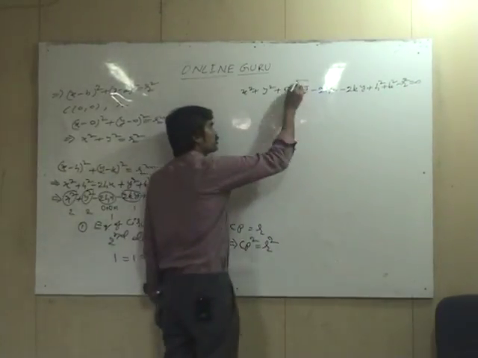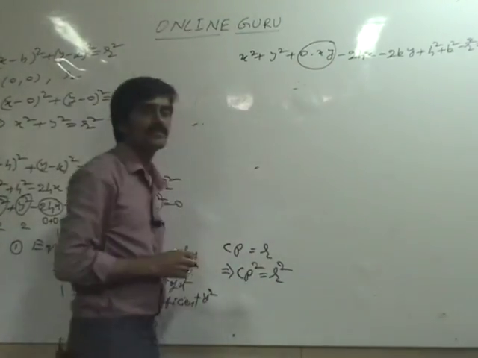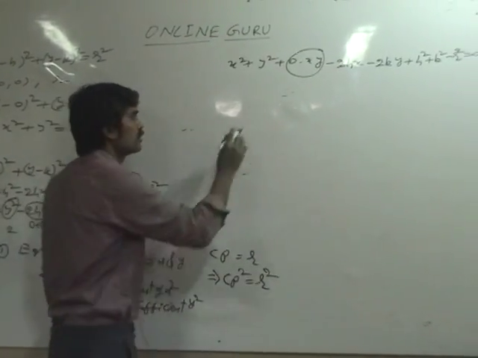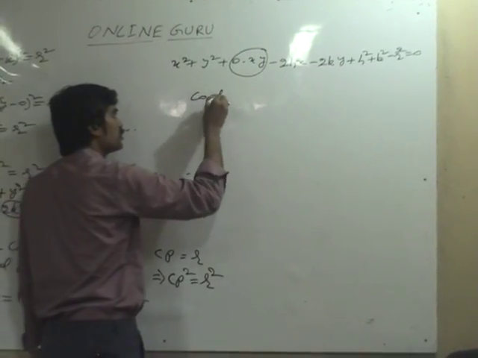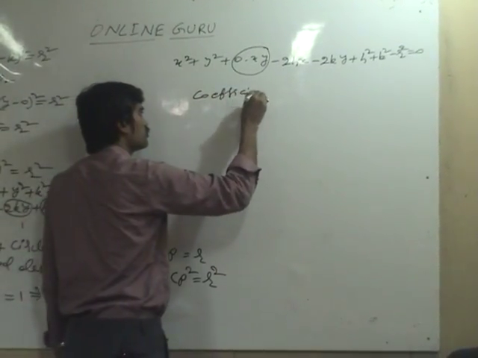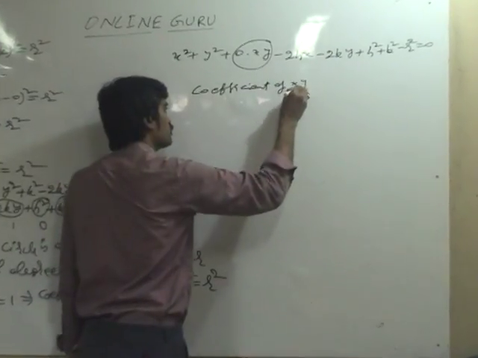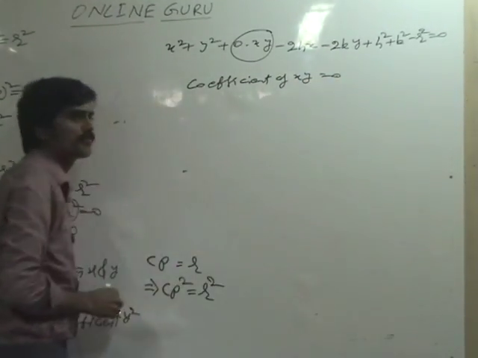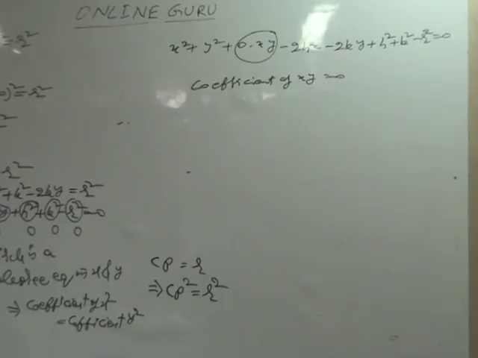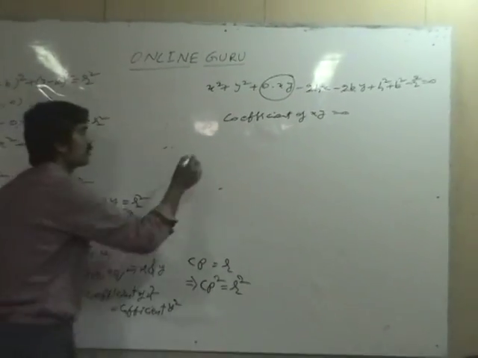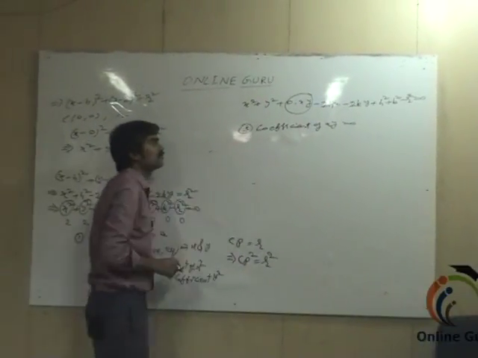If we observe this term, the coefficient of xy is 0. This is the third property. Coefficient of xy equal to 0. Now you have three properties. This is the first one, this is the second one, and this is the third one.